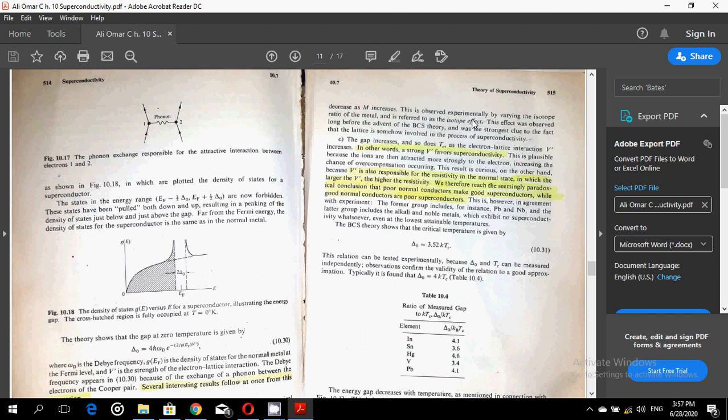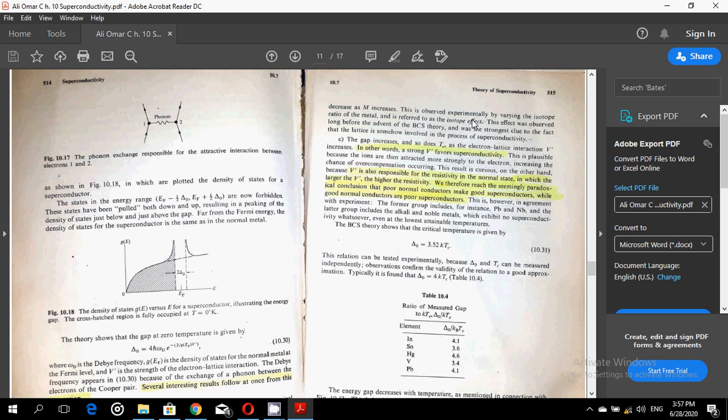The BCS theory explains the zero resistance property as follows. Once set in a drift motion, a Cooper pair may be scattered only if the collision mechanism imparts an energy to the pair which is at least equal to 2 delta naught. But at low temperatures, this amount of energy cannot be supplied by the phonons because only very low energy phonons are excited.